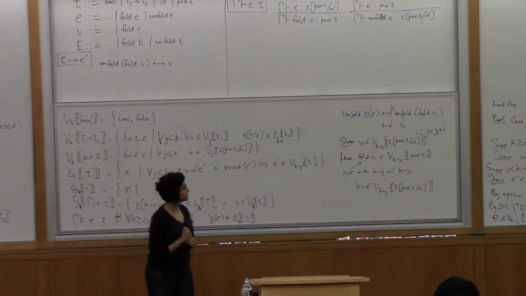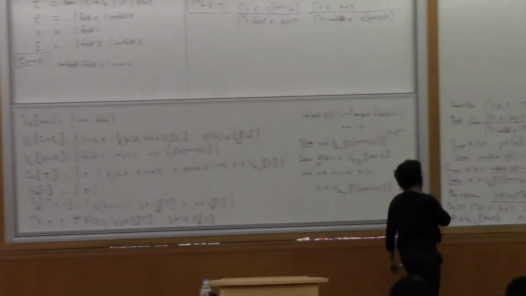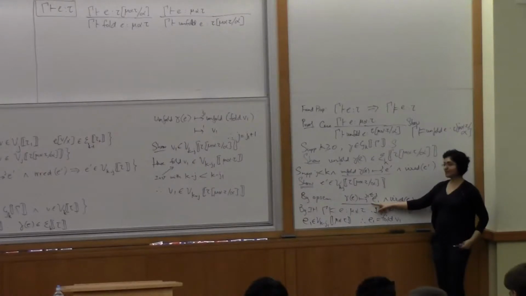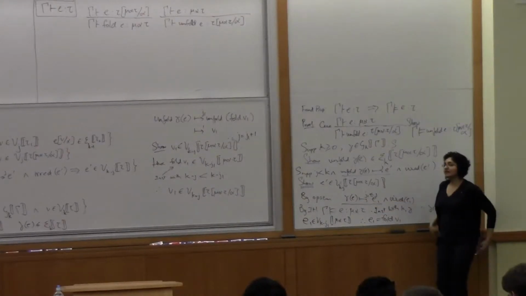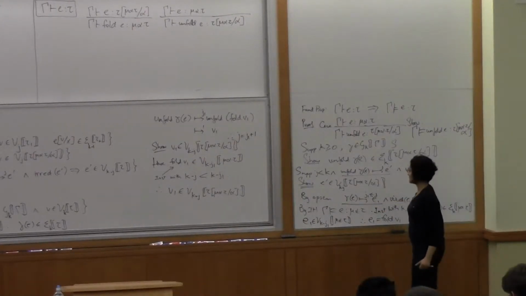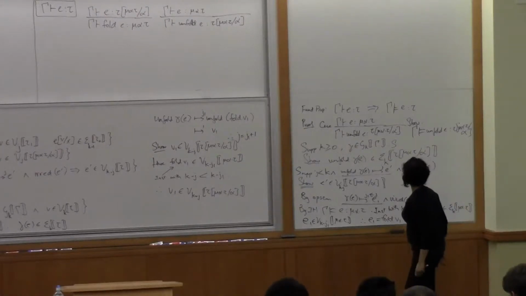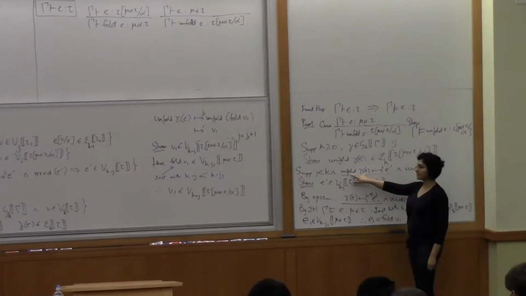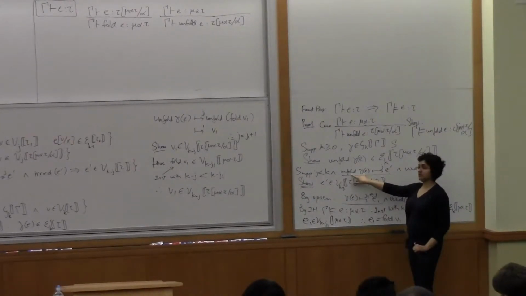So what do we need to know exactly to extract that from the operational semantics? Okay, so we know that unfold gamma E. Well, so we're relying on the operational semantics of the determinant.